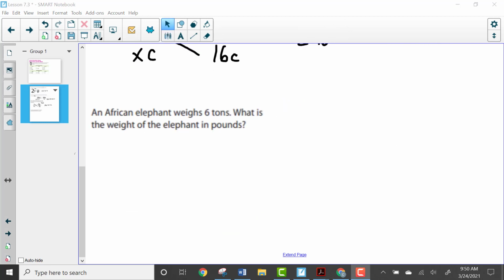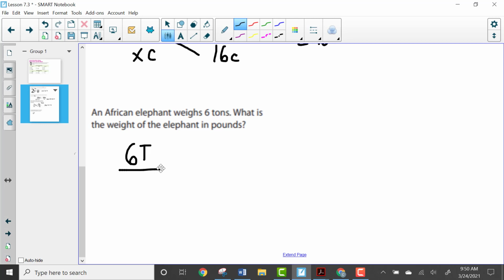Now this next one, I'm going to set it up for you. You can set it up with me as we're going along, and then I'll have you work the problem out on your own. It says an African elephant weighs 6 tons. What is the weight of the elephant in pounds? So we have 6 tons. We don't know how many pounds that is, but we do know that 1 ton is going to equal 2,000 pounds.